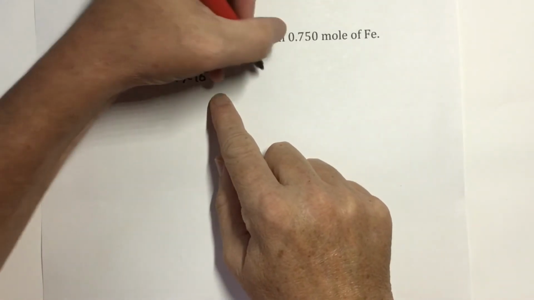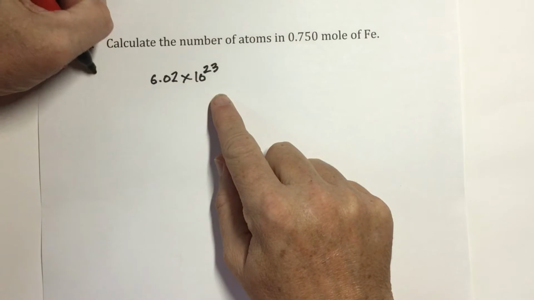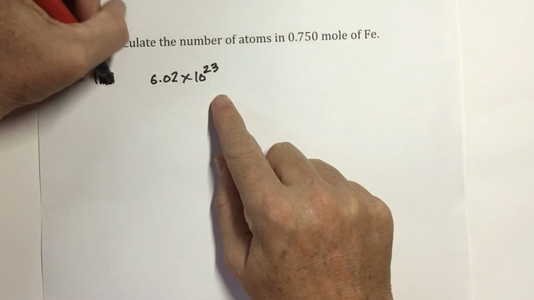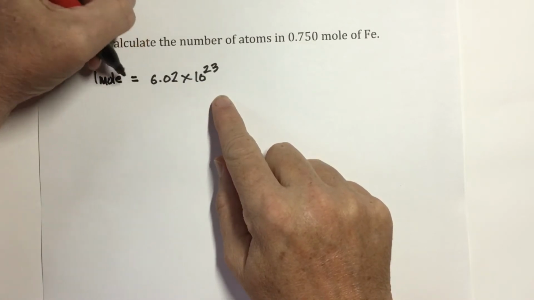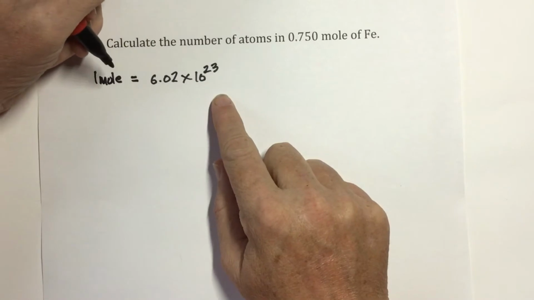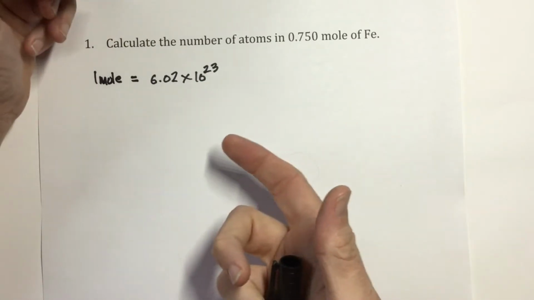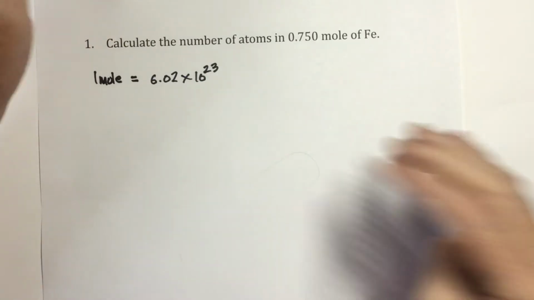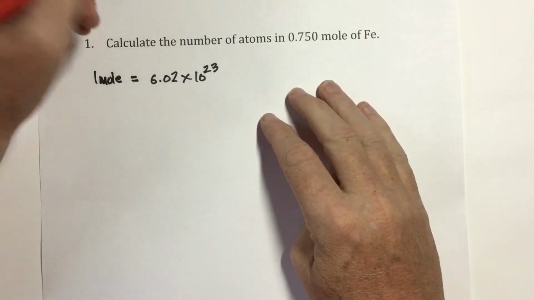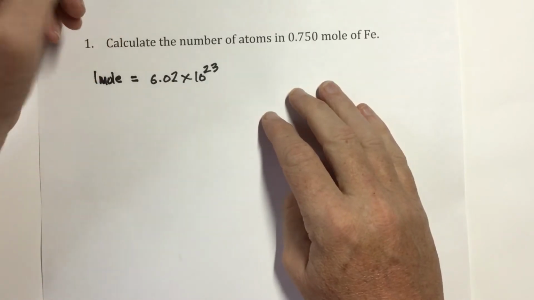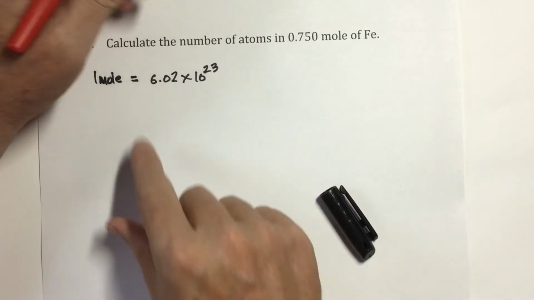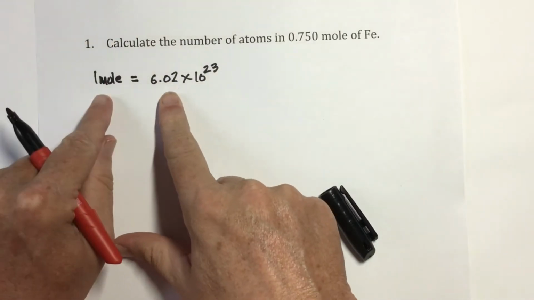And that represents a mole. So 1 mole is 6.02 times 10 to the 23rd. Now, that can be 6.02 times 10 to the 23rd of anything. Insects, marbles, tennis balls, doesn't matter. But in this case, we're talking about atoms. So there's that. 1 mole equals that.